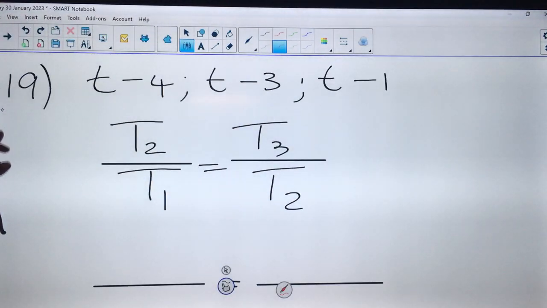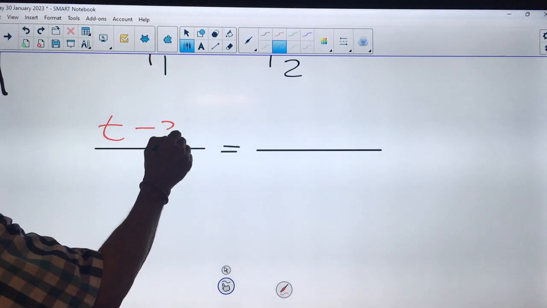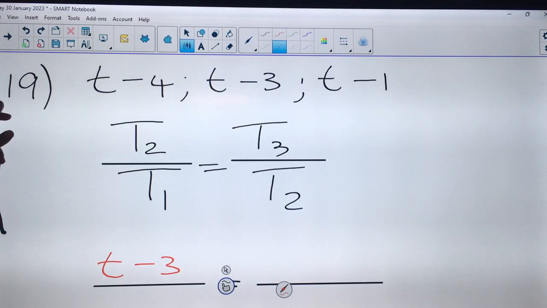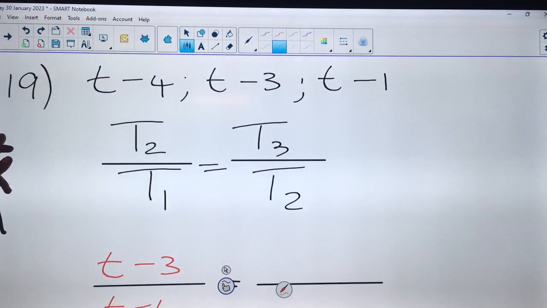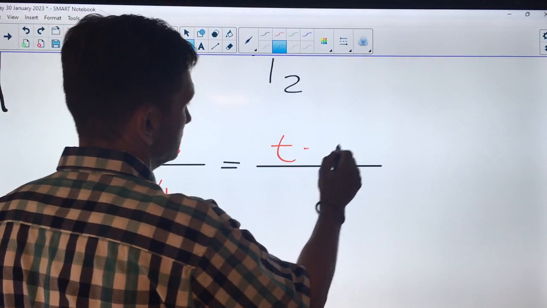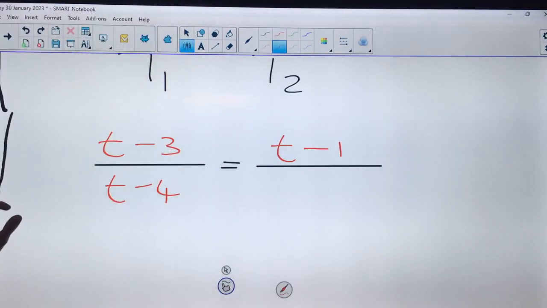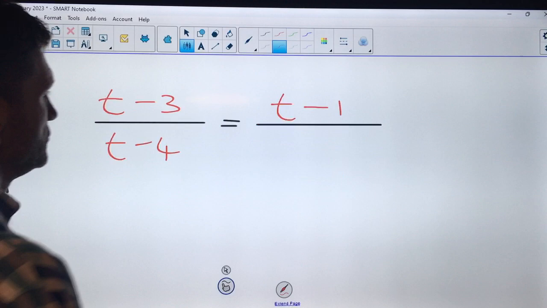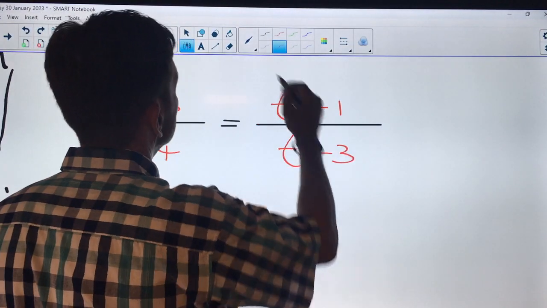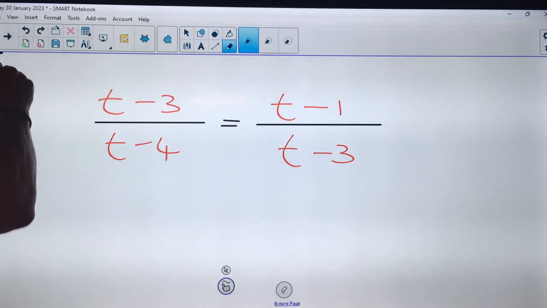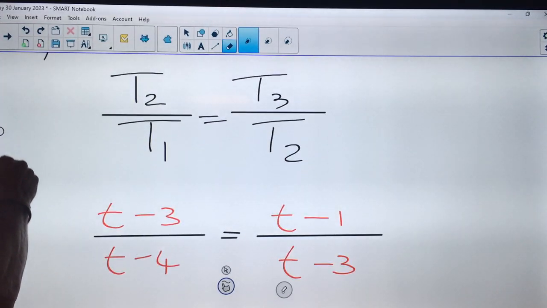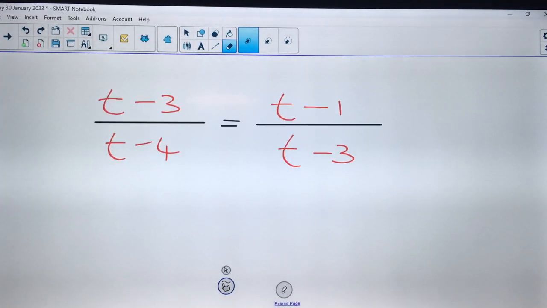So second term is t minus 3. And first term is t minus 4. Third term is t minus 1. And t minus 3. So what do we need to do now?